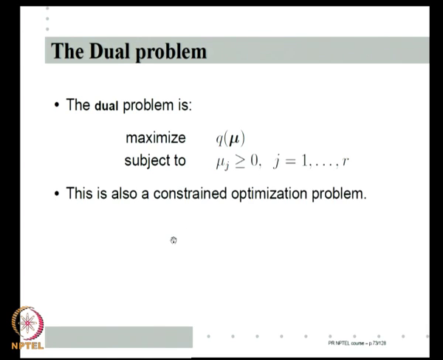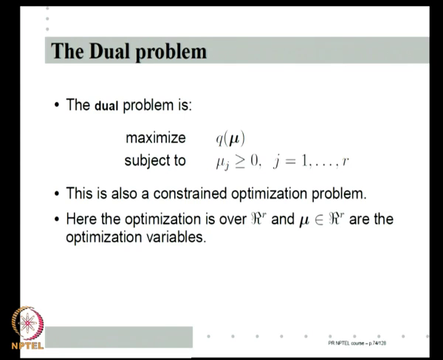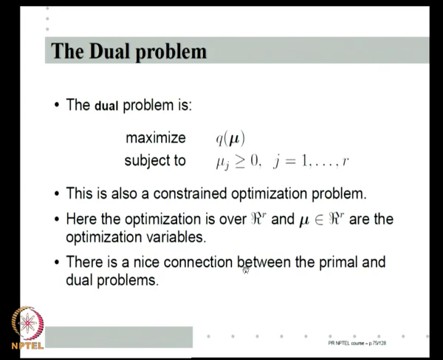This is also a constrained optimization problem. What are the optimization variables here? They are the mu's. Here the optimization is over R^r, where little r is the number of constraints we had in the primal, and the optimization variables are mu. This problem is called the dual to the other problem.